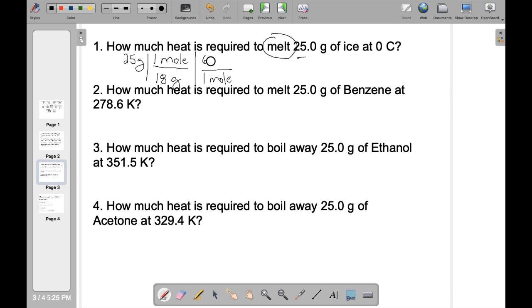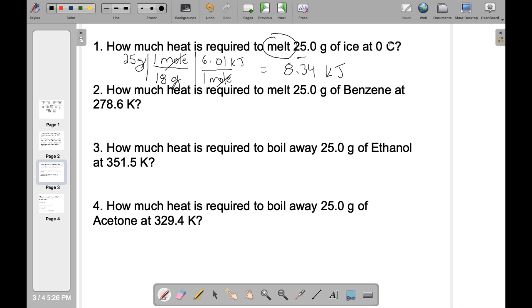And I'll put 6.01 kilojoules. And then all I have to do is some math: 25 divided by 18 times 6.01. Notice the grams will cancel out and the moles will cancel out. And I will get around 8.34 kilojoules per mole. Well, actually it's just kilojoules.